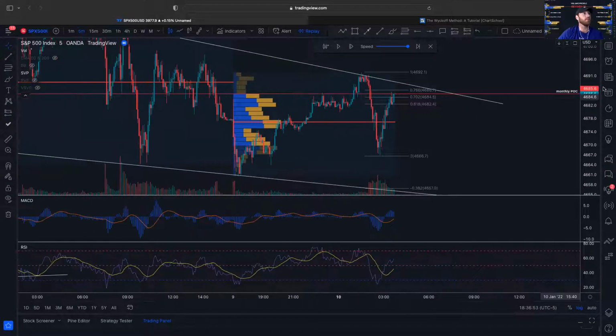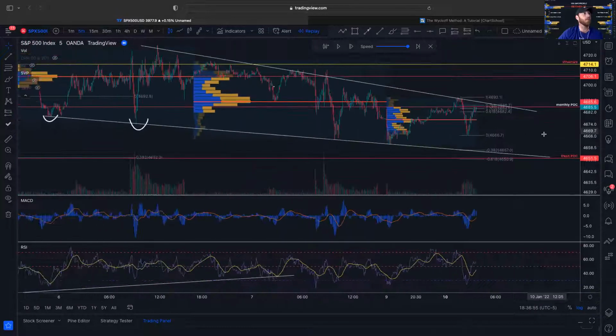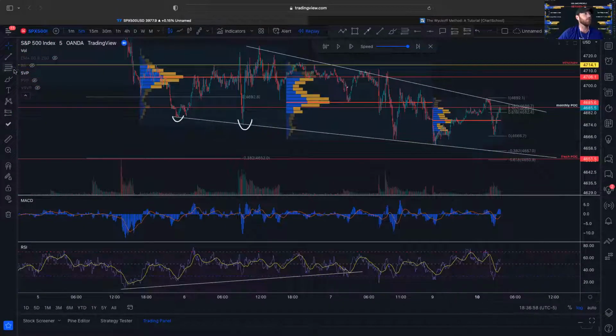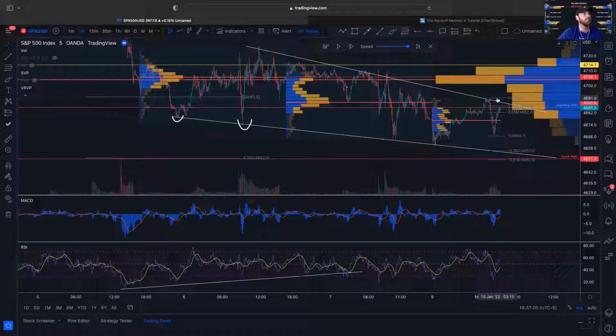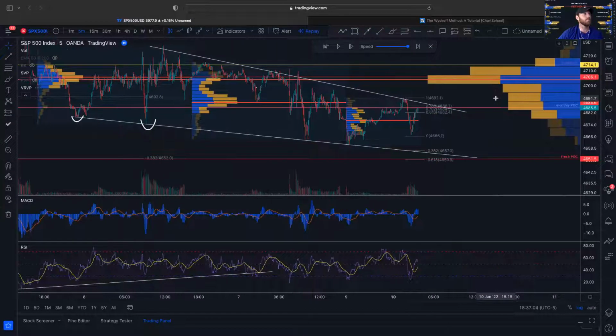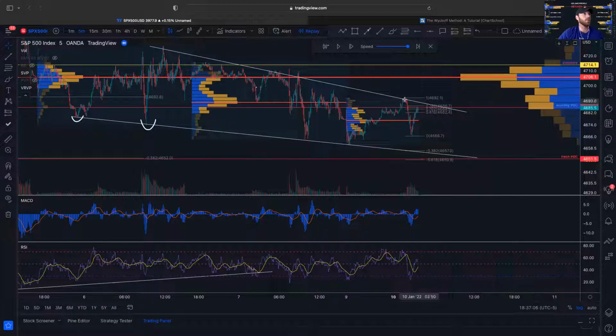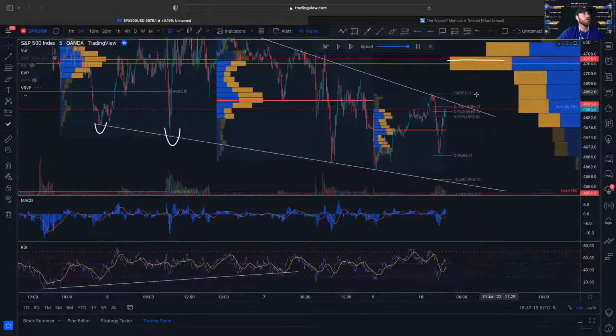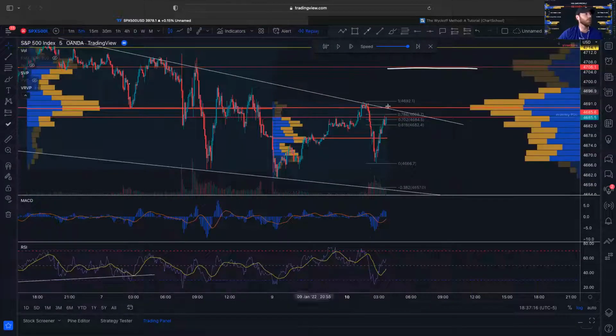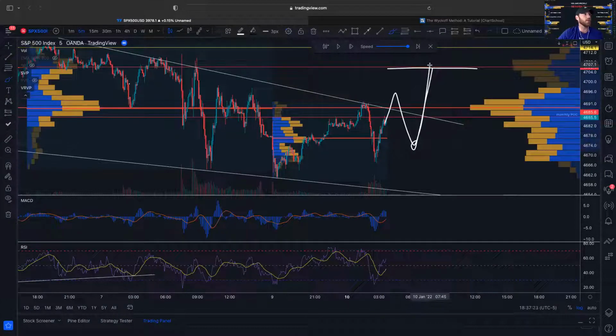If it decides to break this structure here, it's most likely coming up into this. Okay, so if there's an opportunity for me, maybe if it does this, then I'll look for buys down there to get it up there. Okay, so I would be looking to short soon.